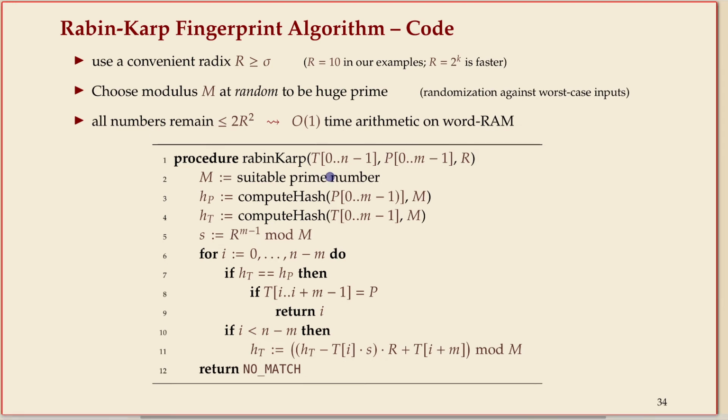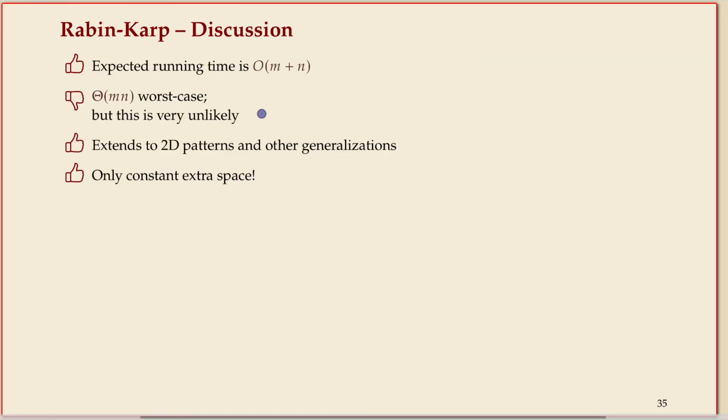But if you pick this slightly randomly, so you have a certain range for the prime numbers and you pick a random one, you can turn this worst case into something that is astronomically unlikely. We had the same discussion for quicksort, where you can pick a random pivot and enforce that the average case becomes the usual case and is not dependent on the input anymore.